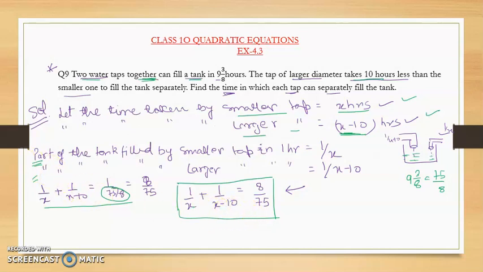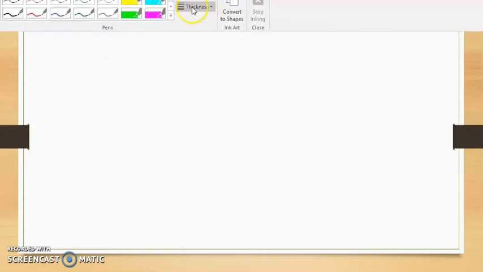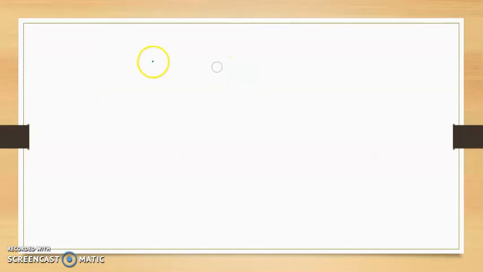So now I'll start solving, students. All these questions I have told you how to solve, so you can do them directly. So let me write the equation: 1 upon x plus 1 upon x minus 10 is equal to 8 upon 75. So cross multiply and solve.